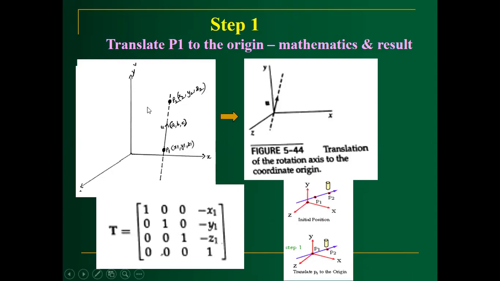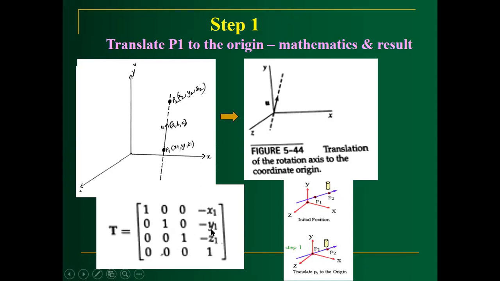To explain in a simple way, please understand. Let us say P1 is 10, 20, let's say 5. And P2 is, let's say, 15, 25. Now, how do you pull this P1 to origin? P1, mind you, is 10, 20, 5. So if you subtract 10, 20, 5, that is 0, 0, 0. That is how P1 comes to origin.